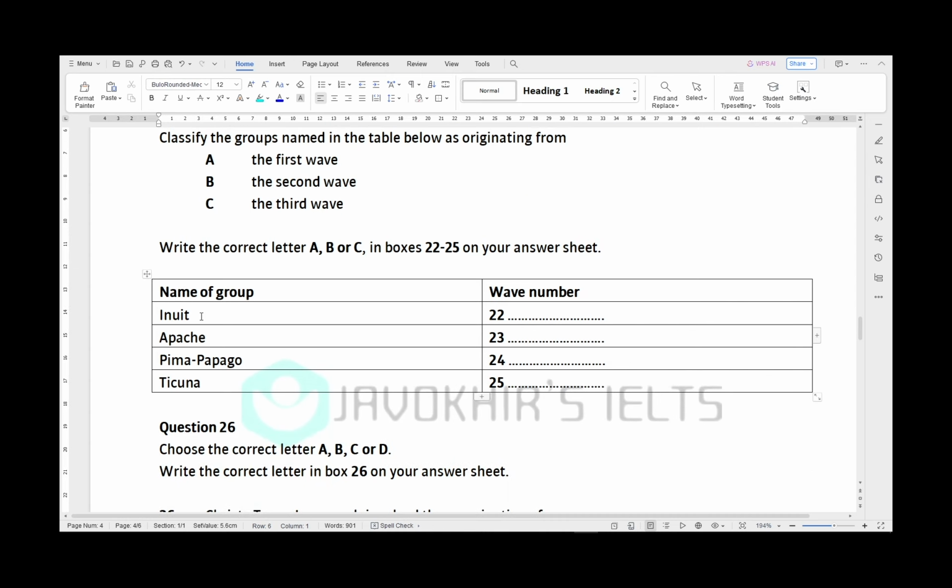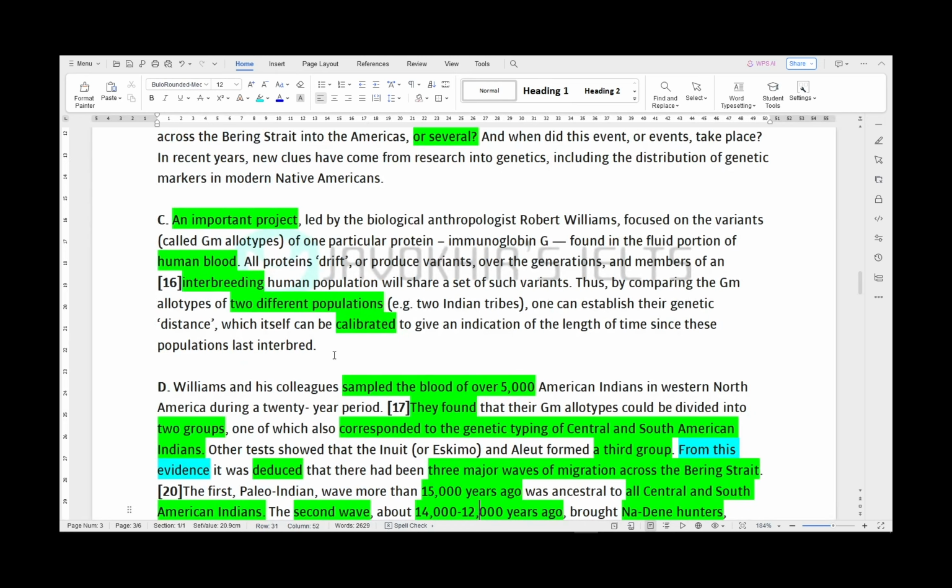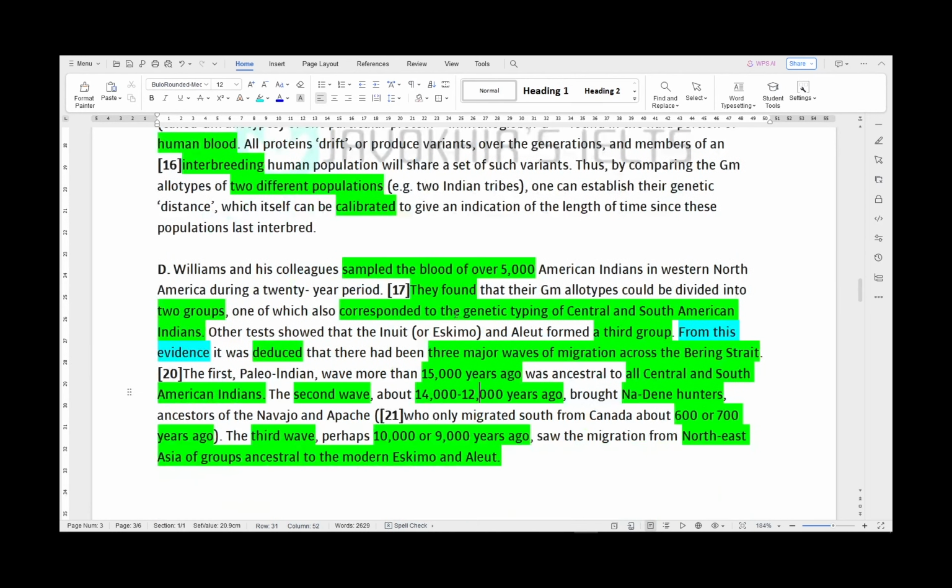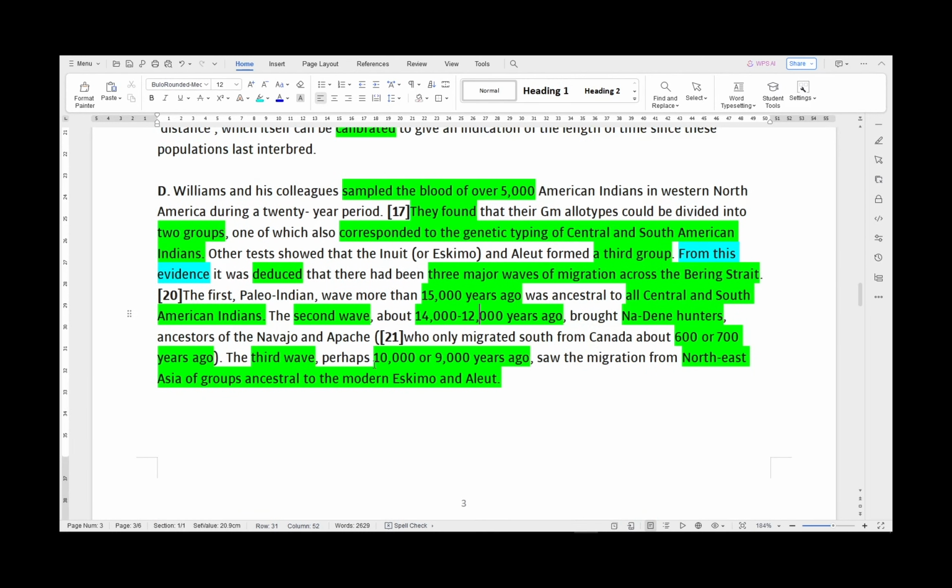So Inuit, Apache, Pima, Papago. It's really hard to sound that out loud. So we remember the third wave, it was by who? Eskimo and Inuit.